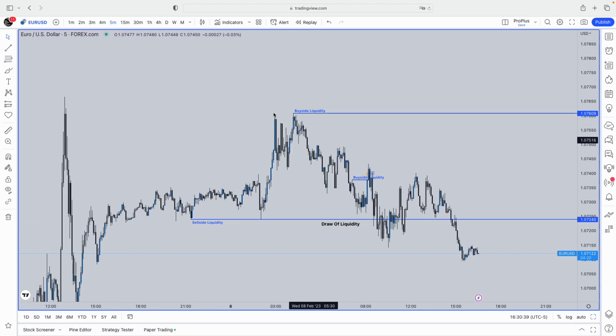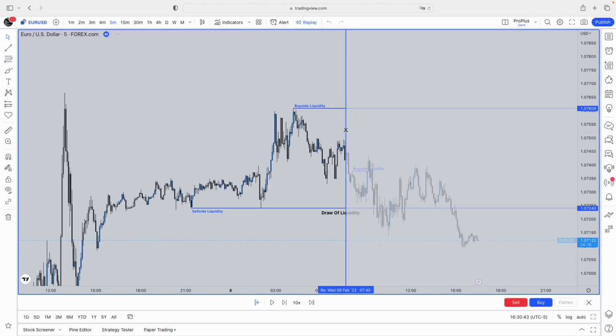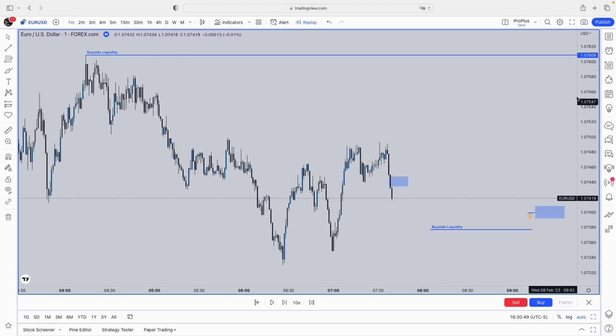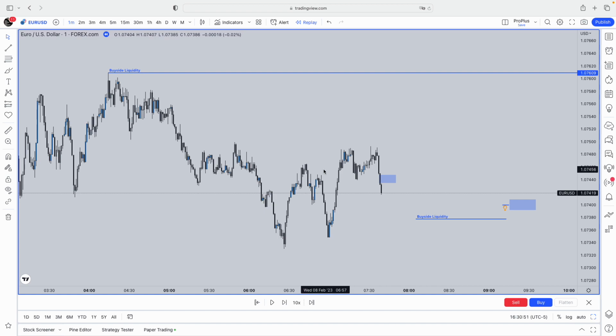So once price is playing around here, so this is like the kill zone, ICT kill zone. So we can see price is pushed up, taking out this buy side liquidity, pushed up here, and then tried to run buy stops one more time before then dropping down to take out a low.